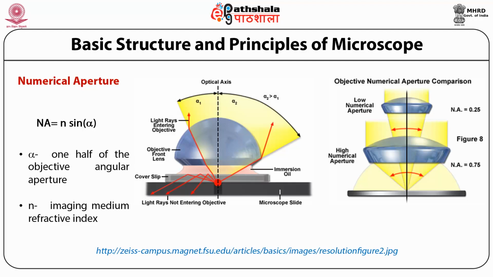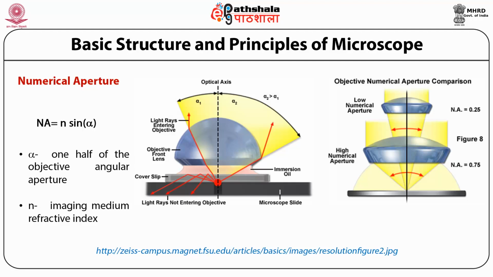As you remember the equation, d minimum is lambda, that is wavelength, divided by 2NA. So the higher the numerical aperture, the lower the distance that can be resolved. The numerical aperture is basically represented in this cartoon itself, and represents the amount of the light that goes back to the axis, goes back to the camera or the retina.